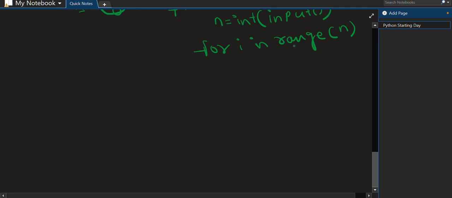We should take n, right? Then in each line there should be first 1, 3, 5, 7, right? The i values are 0, 1, 2, 3. Then what to add to this?